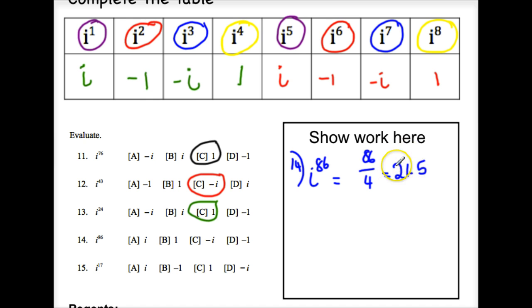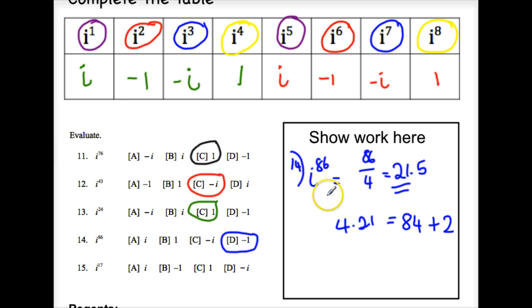So you know 21 is going to be a multiple of 4, and you want to work with what's left over. So 4 times that whole number that always comes down. 21 times 4 is 84. That means you need to add 2. And when you're adding 2, what's i squared? i squared is -1, which will be choice D.